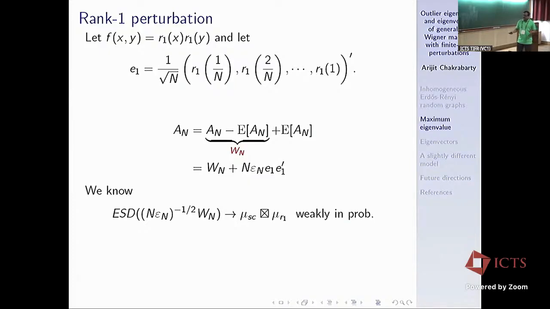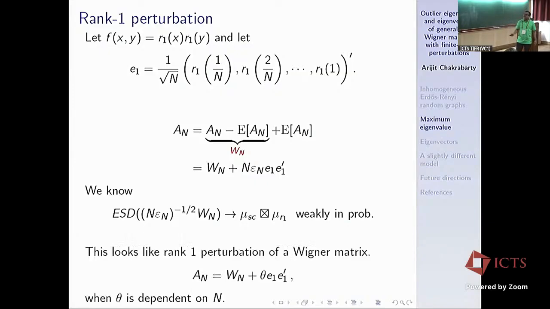But for our purpose, it's good enough to know that this is simply a compactly supported probability measure, no more, no less. So the eigenvalues of W_n are sitting on a compact support, including the largest and the smallest one. So this is essentially a rank 1 perturbation of a Wigner matrix, where the subscript n of theta_n is suppressed for the sake of notational simplicity.